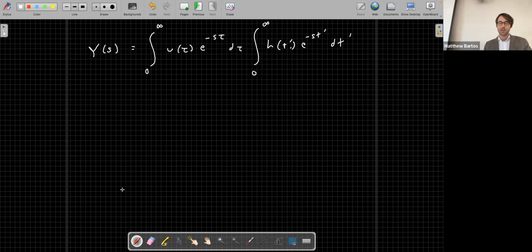Okay, so what is this integral here? We have some function u tau, we're multiplying it by e to the negative s tau, and we're integrating it from 0 to infinity. What is that? It's the Laplace transform of u. So this is u of s. What is this here?